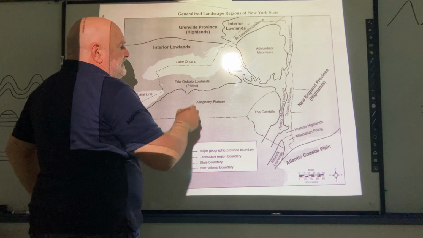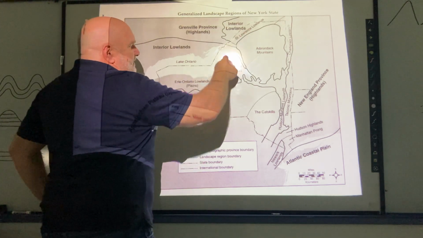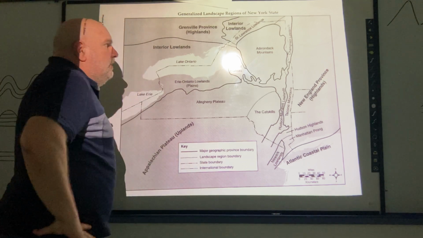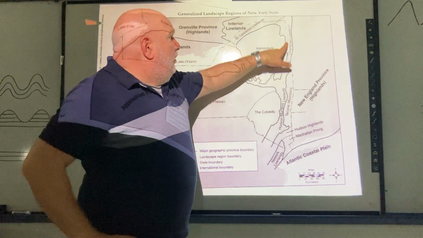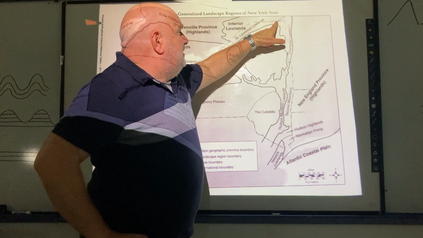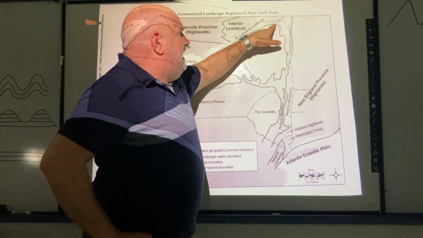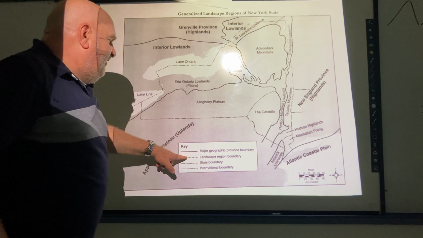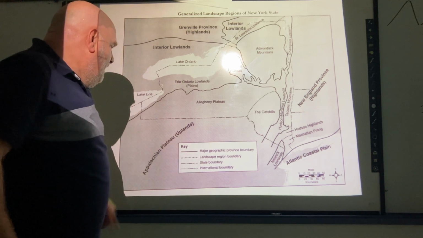Geologically these are the same, but that's just where the name changes. Same thing with the Champlain Lowlands, where you see that little line. So the dotted line means it's geologically basically the same, but the name changes.